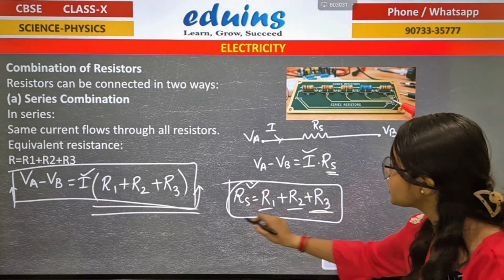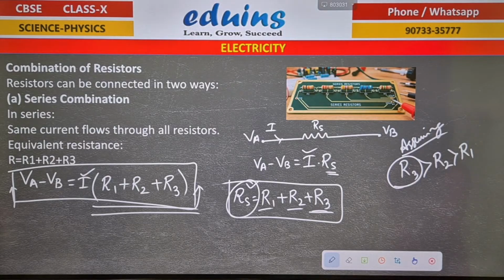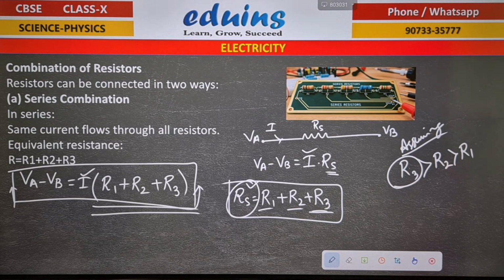So RS is the maximum value. For the series combination, the equivalent resistance is greater than the greatest resistance of the series resistors. So this is the series combination and the equivalent resistance.